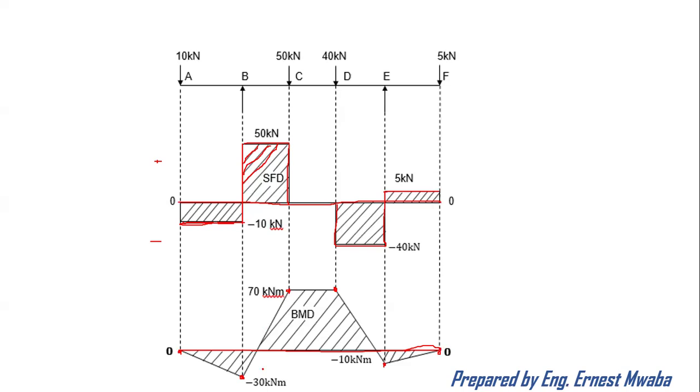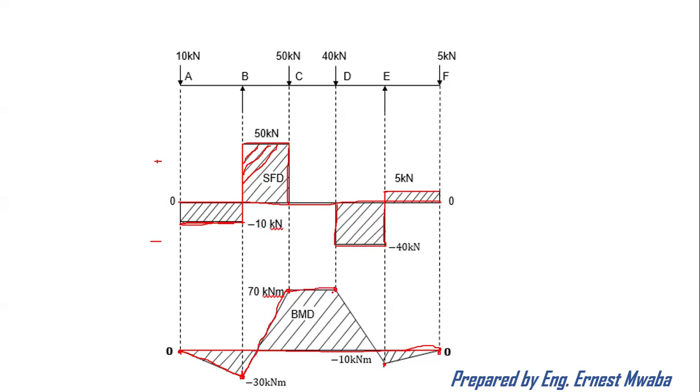Once you are done with the dotted lines, you can now bring up your ruler and start connecting them with straight lines. From A to B, a straight line. From B to C, another straight line, a straight line going all the way to point C. Again, from C to D, another line.